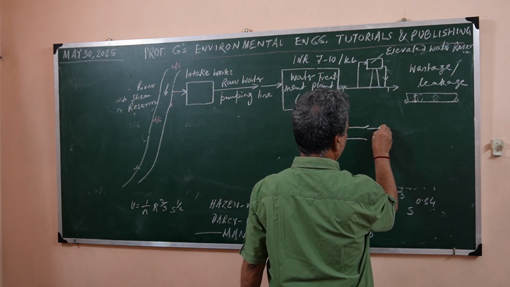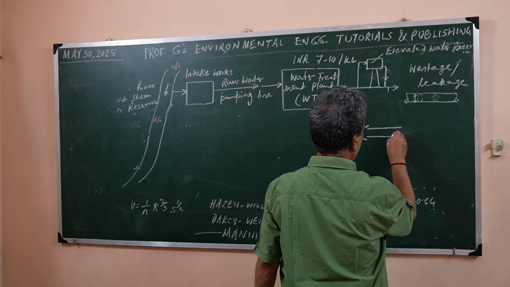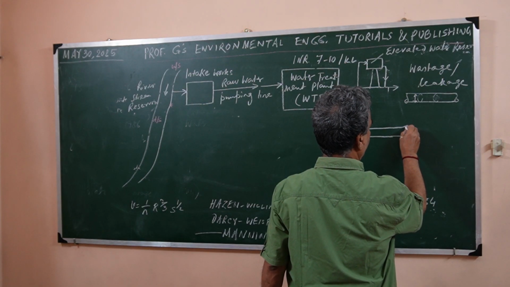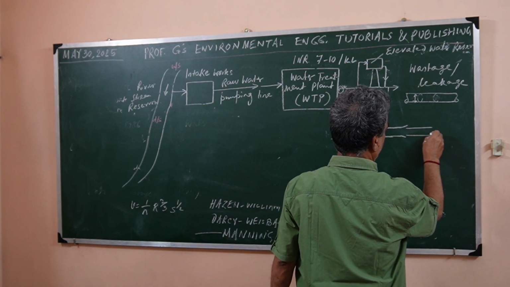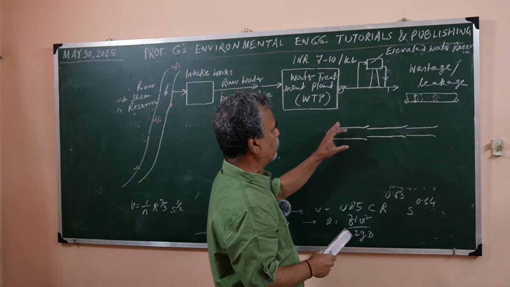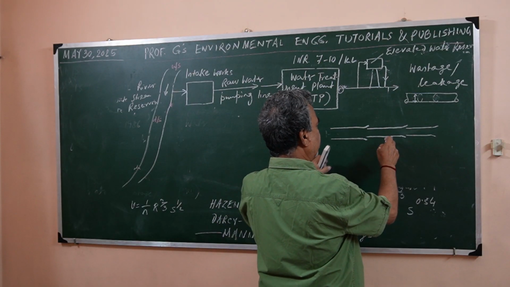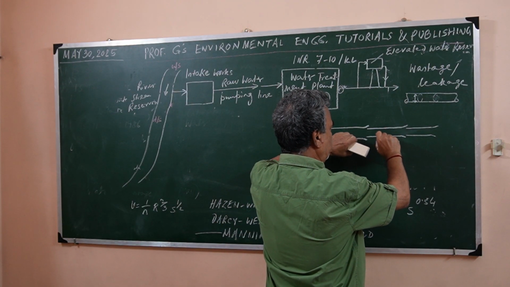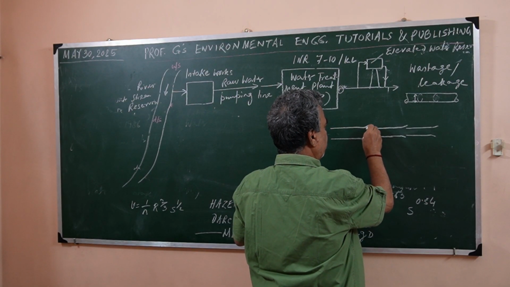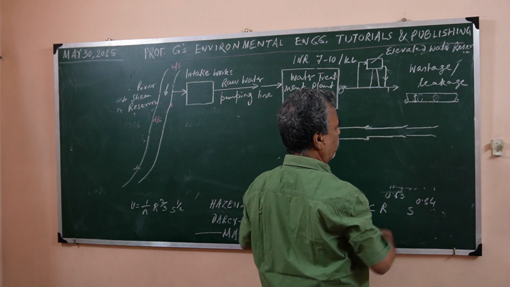So it is like that. This is suppose the female part, this is the male part, and then this is just connected, jointed, and this jointing is made by lead or so, different types are coming nowadays.